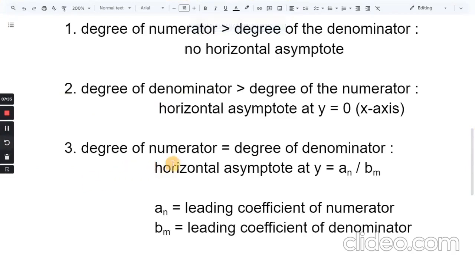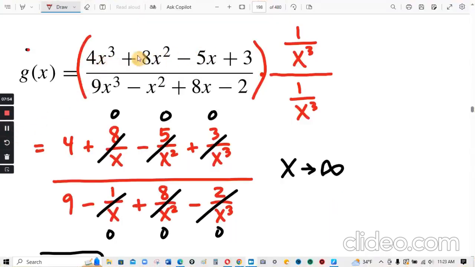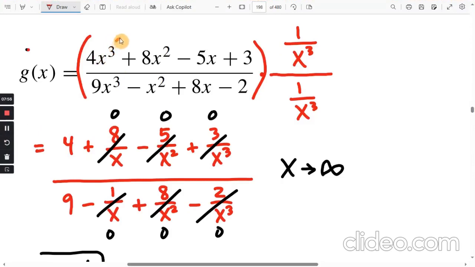In the notes, when the degrees of the numerator and denominator are equal, you just take the leading coefficients of the numerator and denominator, and you make a fraction, one over the other. So back to the problem. The leading coefficient, greatest exponent is 3. The coefficient is 4.